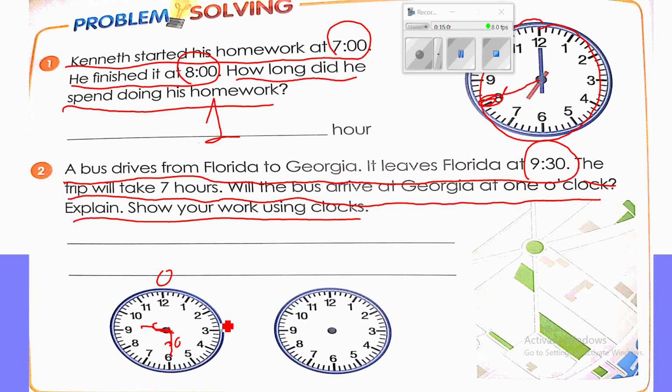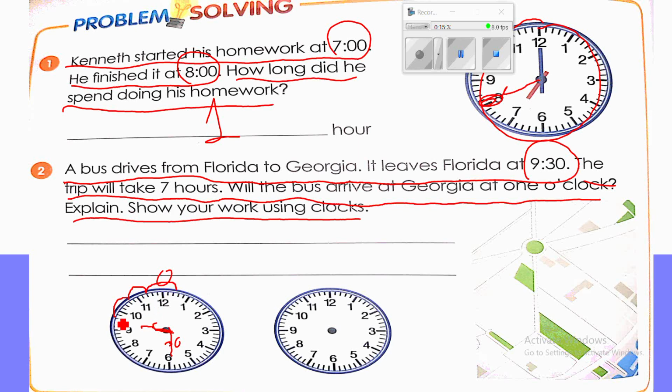It will take 7 hours. So I'm just moving in hours. Let's see. Here is 9 and 10. Here is 9, 10, 11. I need 7 hours.